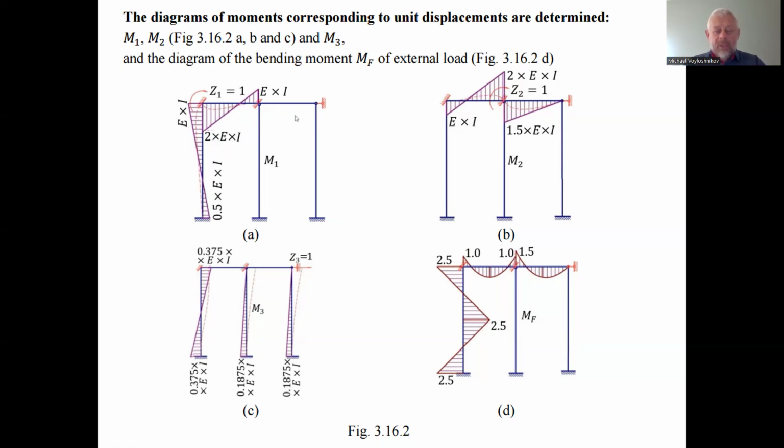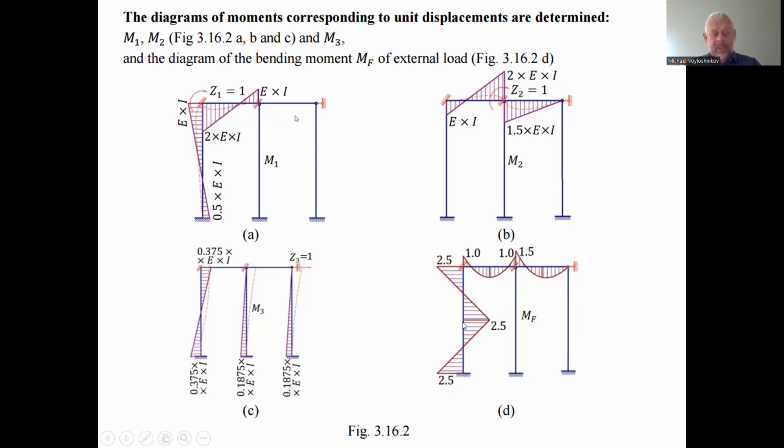But usually we consider the bending moment positive if the diagram is below the considered beam, if the beam is horizontal.